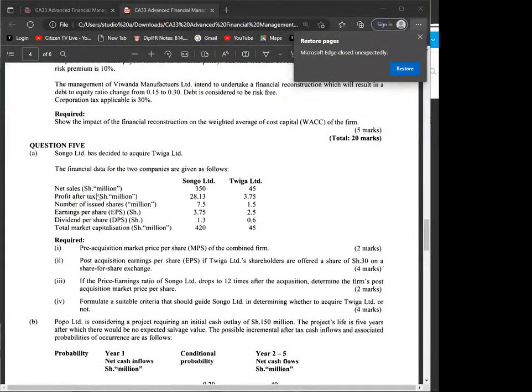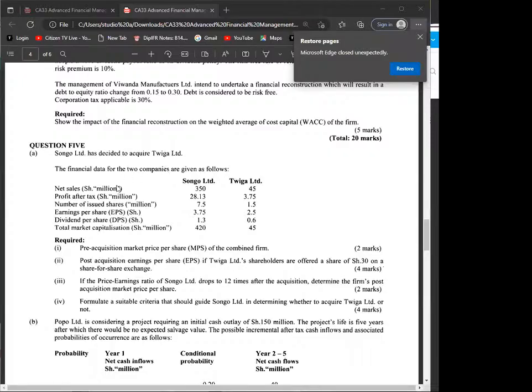So like now this question here, Songo Limited, should have been Sonko, has decided to acquire Twiga Limited. So meaning that Songo is the predator, Twiga is the targeted company. The financial data for the two companies are given as follows.